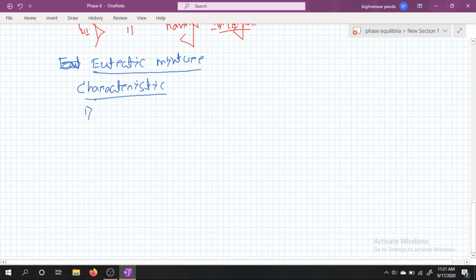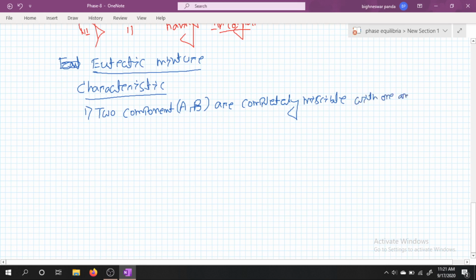One is that the two components A and B are completely miscible with one another.